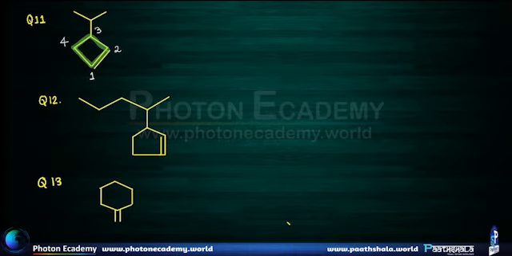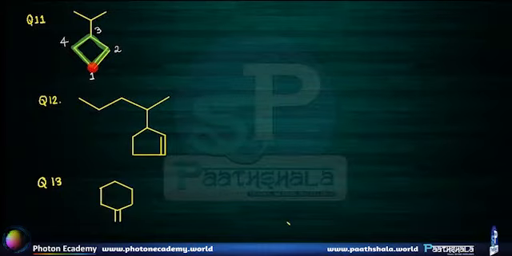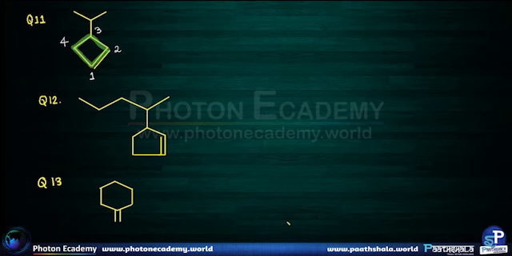The reason why we are numbering from here is that the other carbon residing on the double bond will get the fourth number otherwise. The first preference is that both the carbons residing on the double bond should get the lowest locant, and after that the priority is that this carbon, on which a substituent is present, should also get a lower locant. So that's why we are starting numbering from here.